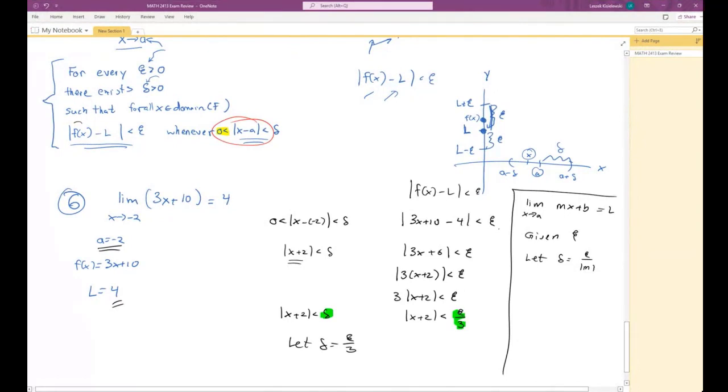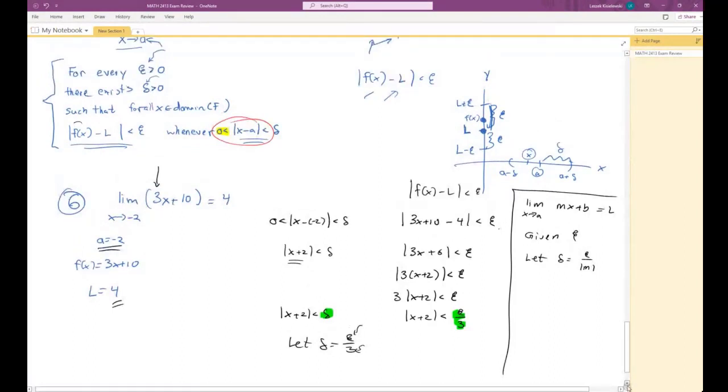So that's a way to check yourself if you have a line. What's the slope of our line? 3. That's right. So we define delta to be epsilon over the absolute value of 3, which is 3. All right, so that's a chunk of the credit for that kind of problem.